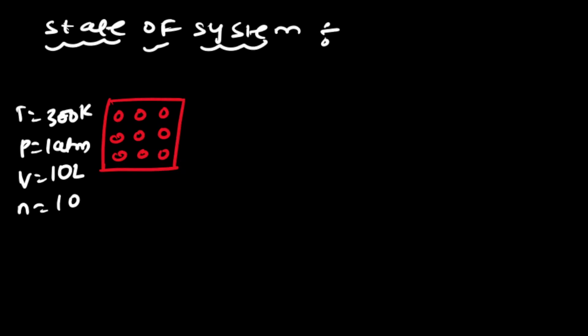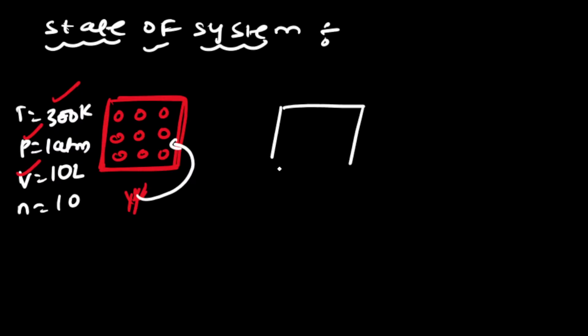Now by changing at least one thermodynamic parameter, either temperature, pressure, or volume, the state of the system will change. Let's suppose this is our system, in a state because we have fixed all the thermodynamic properties. If I heat this one, it will attain some other state.